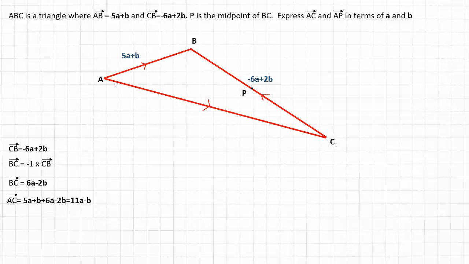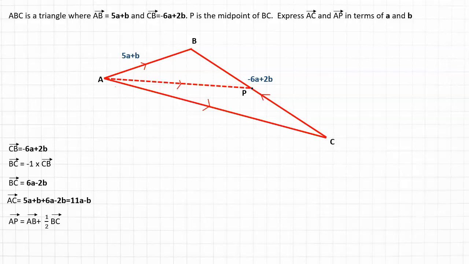Now let's tackle the second part. P is the midpoint of BC. Therefore, BP is half times BC, using our fifth vector fact. This half times 6a minus 2b gives BP as 3a minus b.